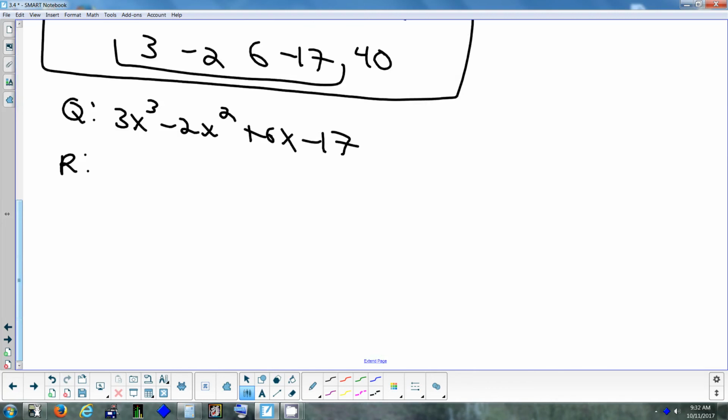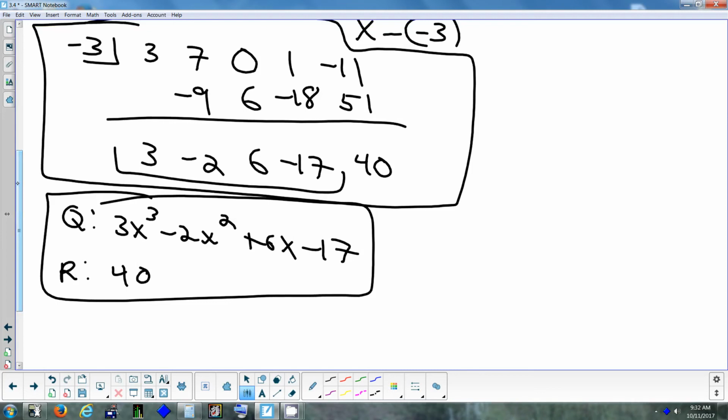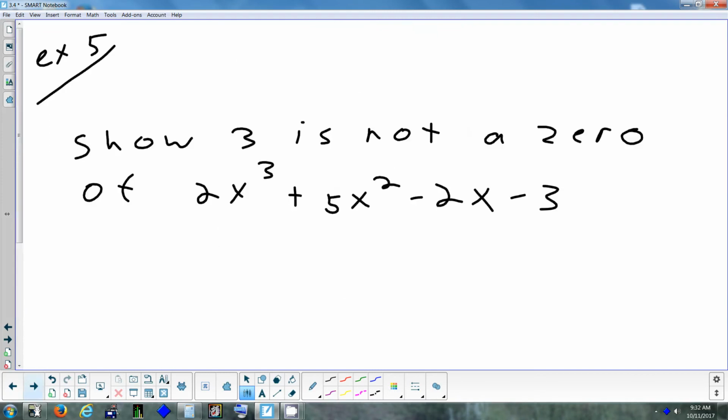And the remainder is how much? 40. Right? So I like synthetic division when you can use it, just because it takes up a lot less space, and it is a lot faster. Any questions on interpreting our result to figure out quotient and remainder? Okay.